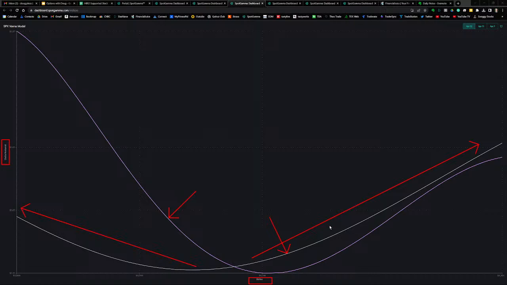And just to point out, this is probably the first positive gamma day for CPI in quite some time.